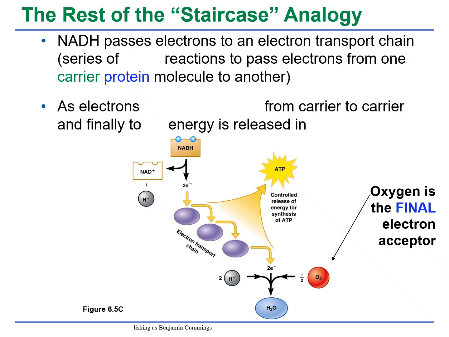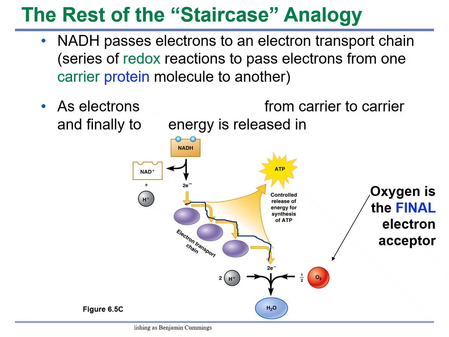So let's look at the staircase analogy. Many people compare the electron transport chain to a staircase, because the energy is going down, down. We'll go through the image after we go through the content. NADH passes electrons to an electron transport chain, which is a series of redox reactions that pass electrons from one carrier molecule to another.